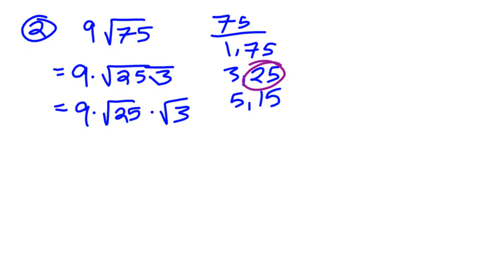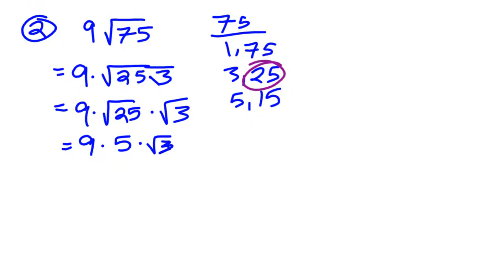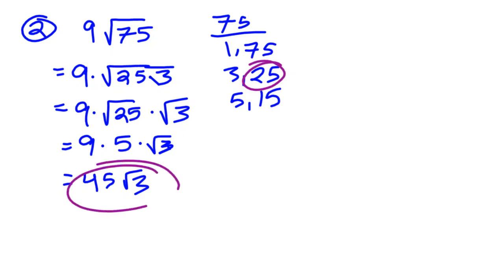So we can take the square root of 25. That's 5. We can't take the square root of 3. That's the most simplified it can be. And in our last step, I'm going to multiply the 9 and the 5, and multiply the rad 3. And there you are. That's our final answer.